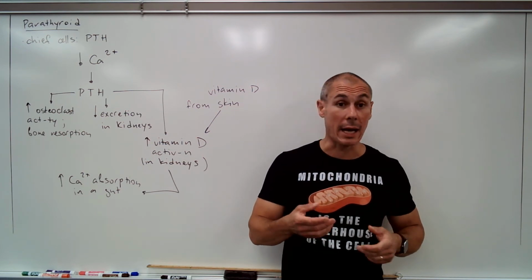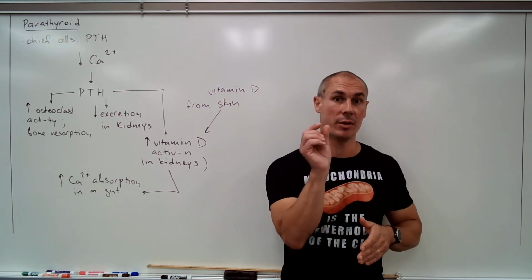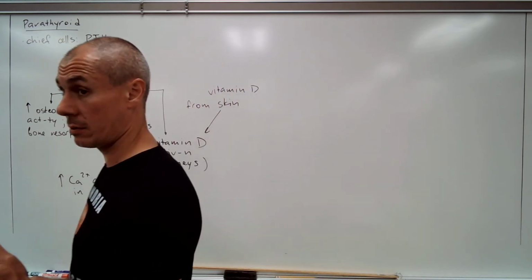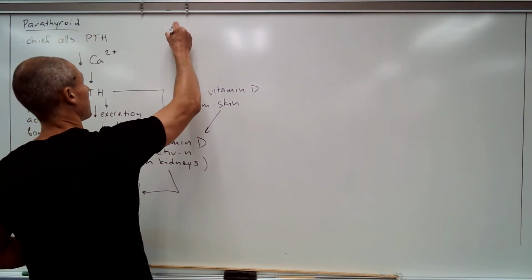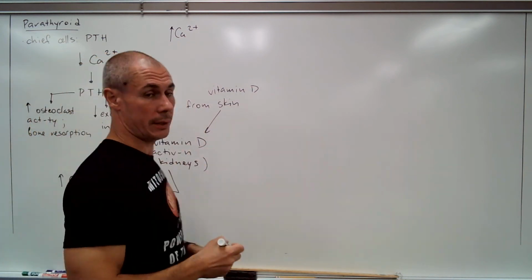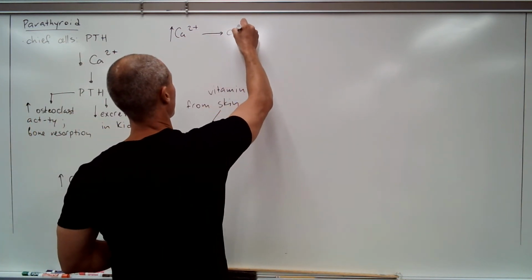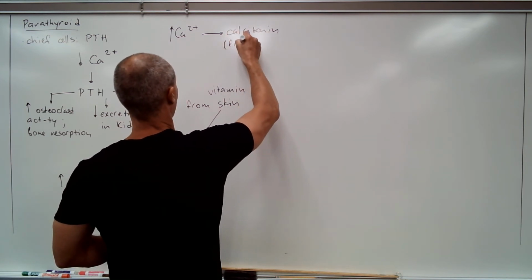Yeah, calcium is extremely important. It is very, very tightly regulated. Now, in a very unlikely case of high calcium, that results in the release of calcitonin from the thyroid gland.